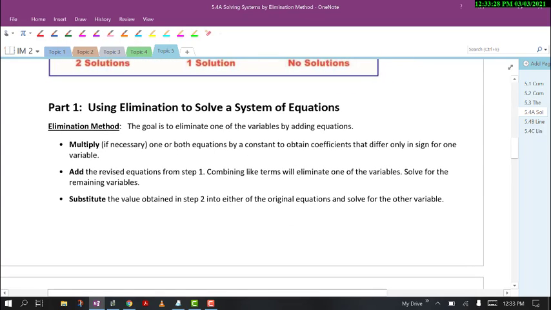So to do elimination, you need to eliminate one of the variables by adding equations. So you can multiply one or both equations by a constant to obtain coefficients that are different in sign for one variable. So they're the same number but opposite signs. And that's what we did in the warm-up. We're doing the same thing now. Then add them up, combine like terms, solve for the variable that we're missing, plug it back in to get our other coordinate of our solution.